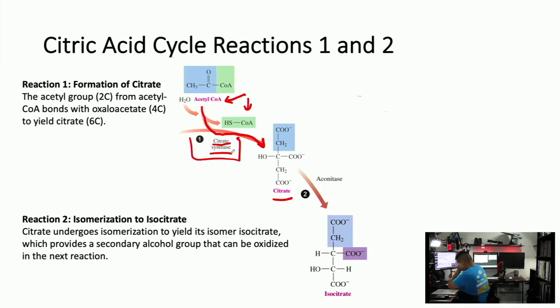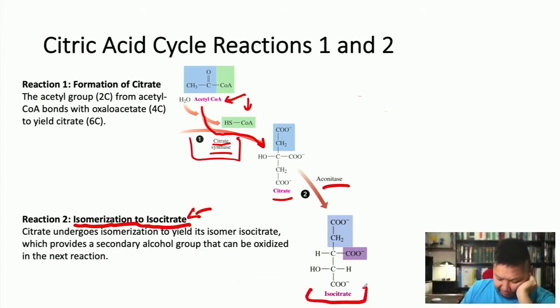After that, in step 2, we have the enzyme aconitase, and aconitase does an isomerization of citrate into the molecule isocitrate, right? So this is isocitrate right here, okay? And the difference between citrate and isocitrate is the position of this hydroxyl right here, right?